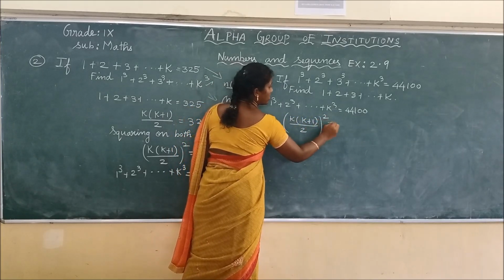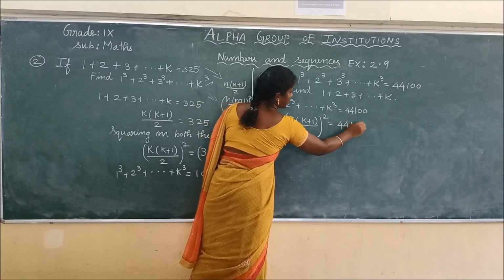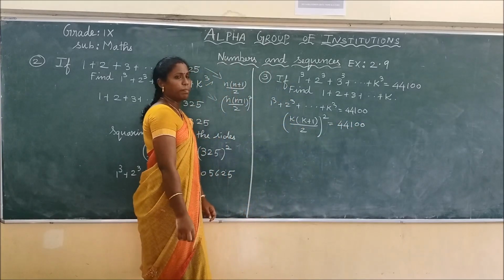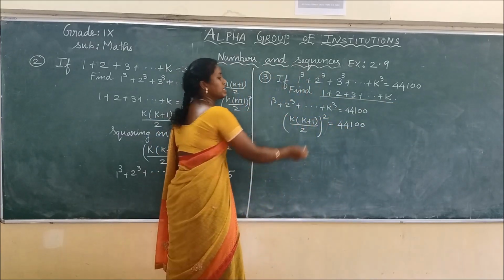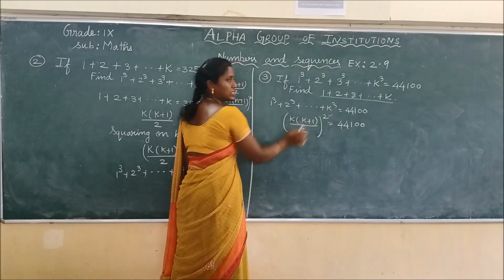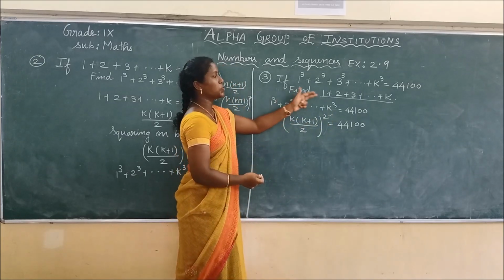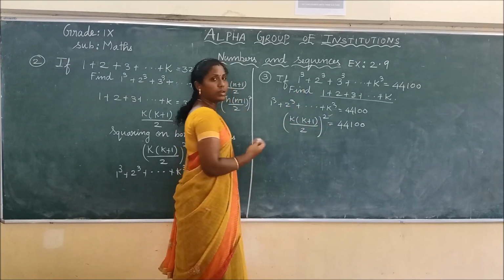the whole square is equal to 44100. But the question asks us to find 1 plus 2 plus 3 up to k. That means I have to remove the square. If I remove the square, the series will come as 1, 2, 3 up to k. How can we remove the square?